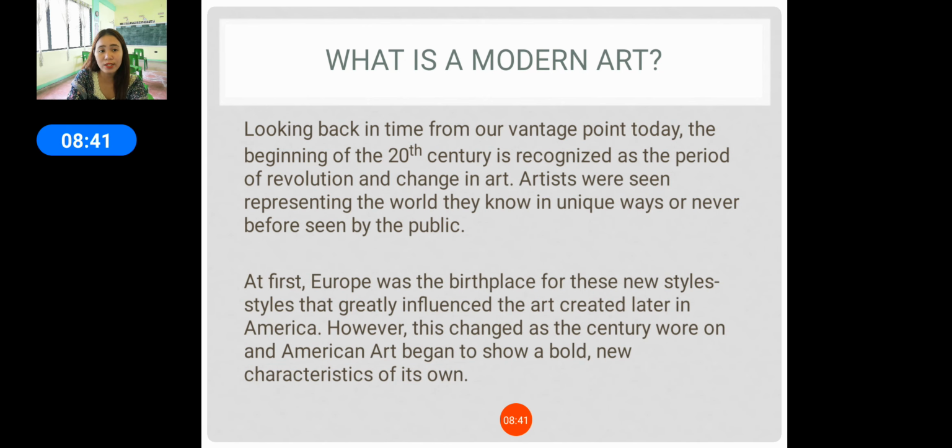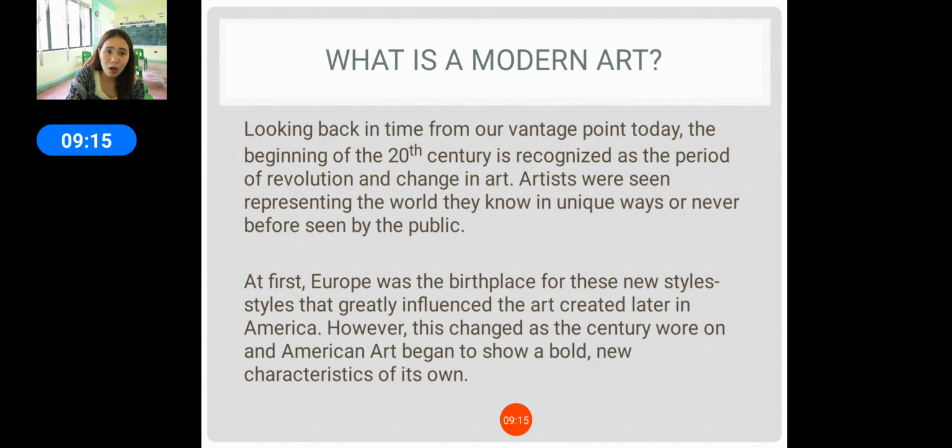However, this changed as the century wore on, and American art began to show bold new characteristics of its own. That's why America today has modern art galleries. They were inspired by American art, which is the modern art today. At first, Europe was the birthplace for these new styles of modern art, or impressionistic art.